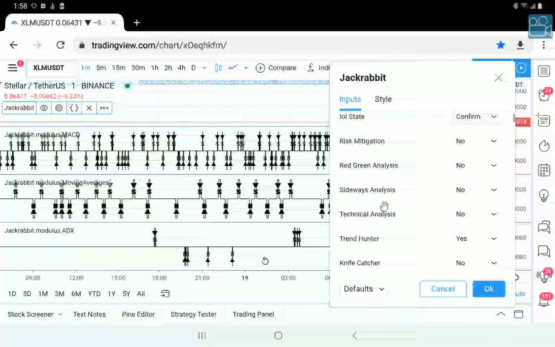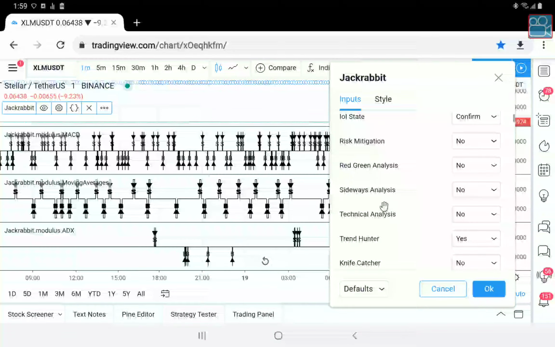If you've been working with the main Jackrabbit indicator itself, or even the strategy, you're familiar with combining different mindsets. The only difference is this lets you see each one individually and control which one is first and which one is last. Other than that, it's everything you're used to working with already.